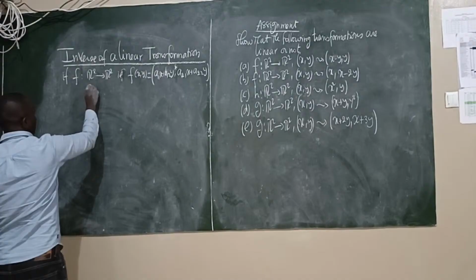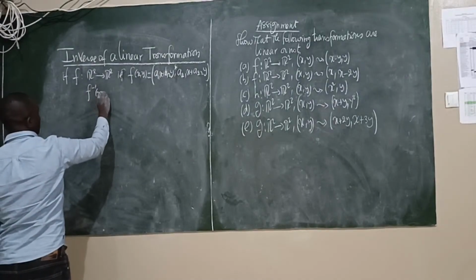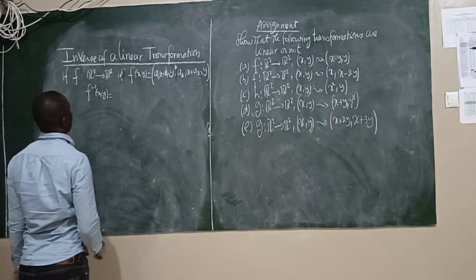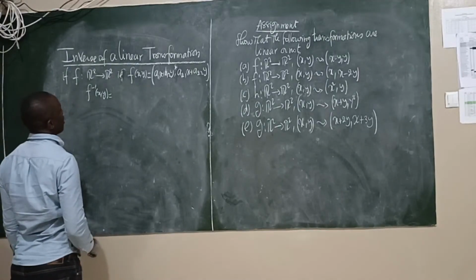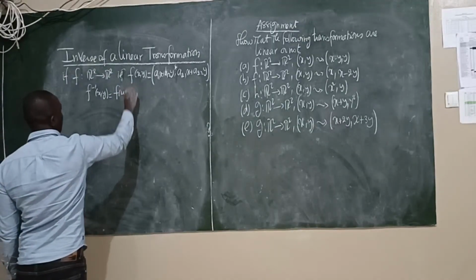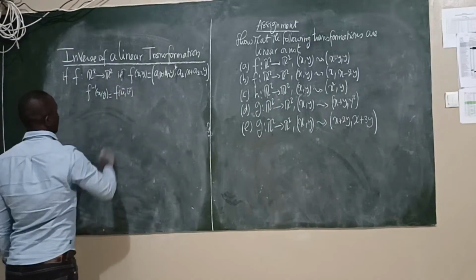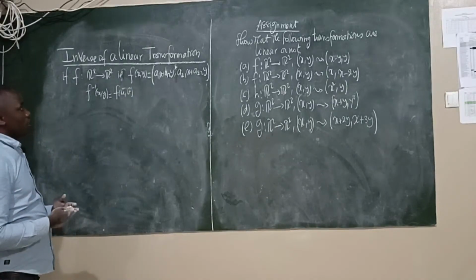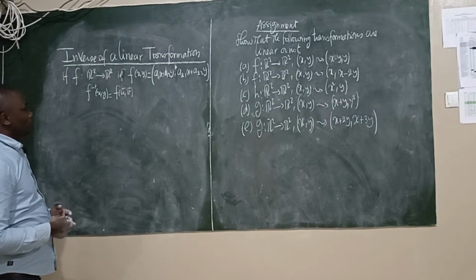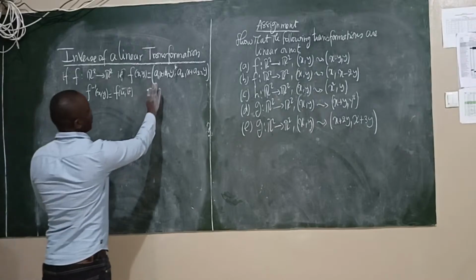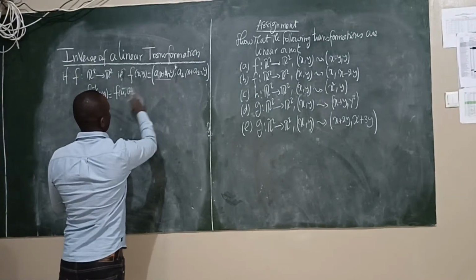Assume that the inverse transformation is f of u and v. This is how we deal with this. You equate this to u and this to v.